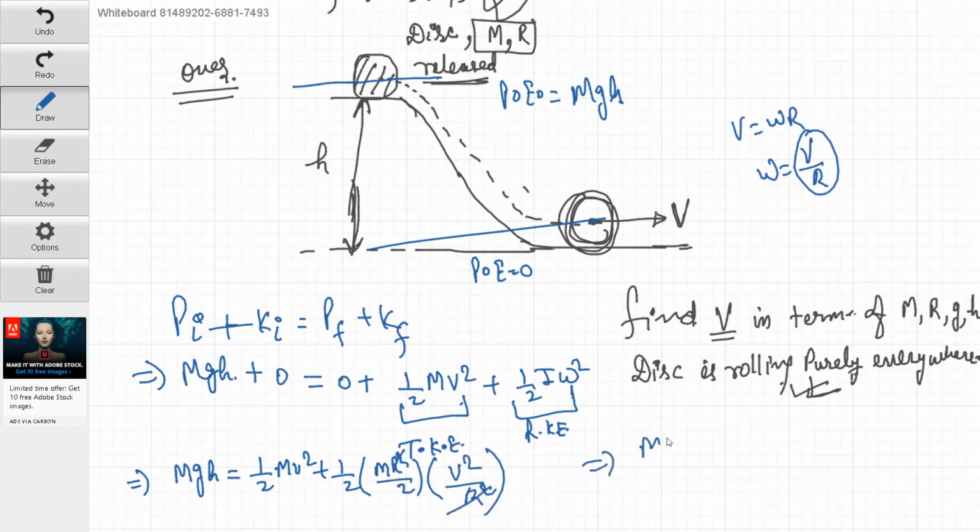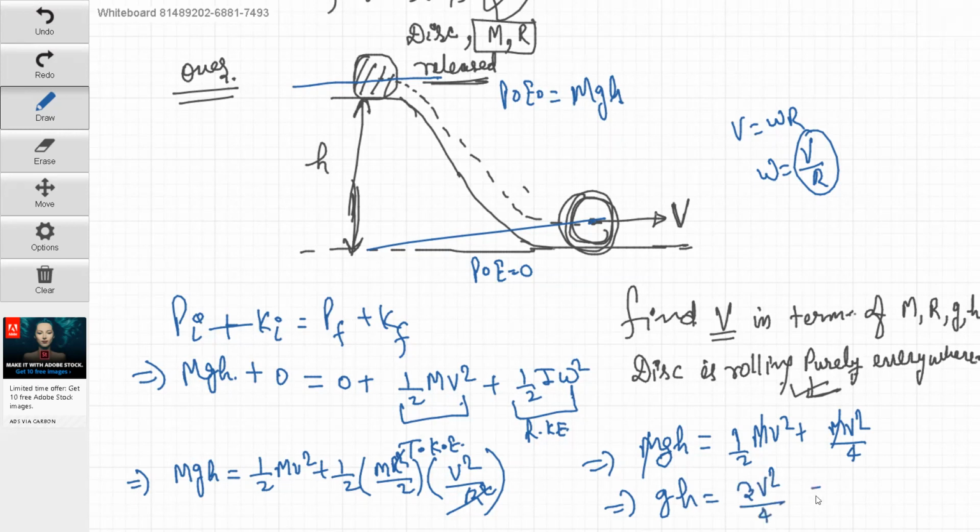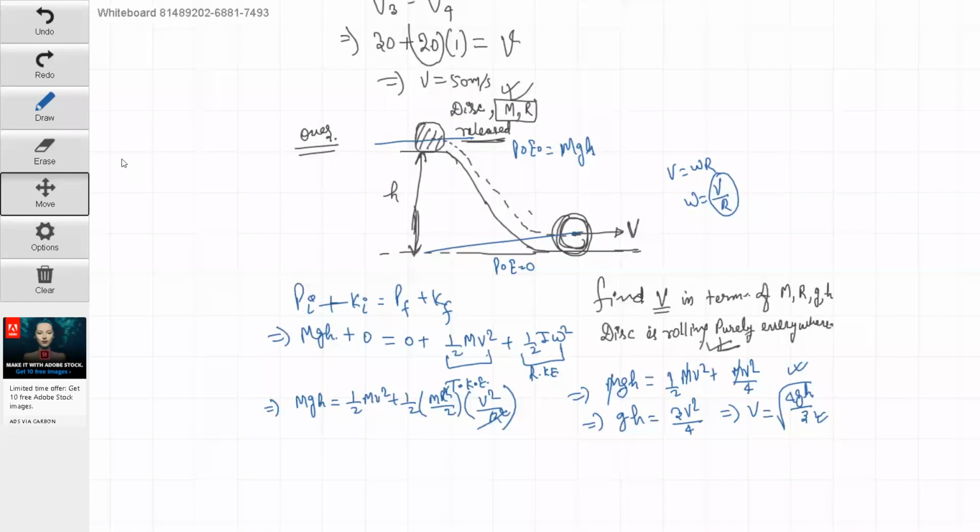So mgh is equal to half mv square plus mv square by 4. The m cancels out. So gh is equal to 3 v square by 4. So the velocity will be equal to root under 4gh divided by 3. Hope you understand, student. This will be the velocity. Copy it. Do it fast.